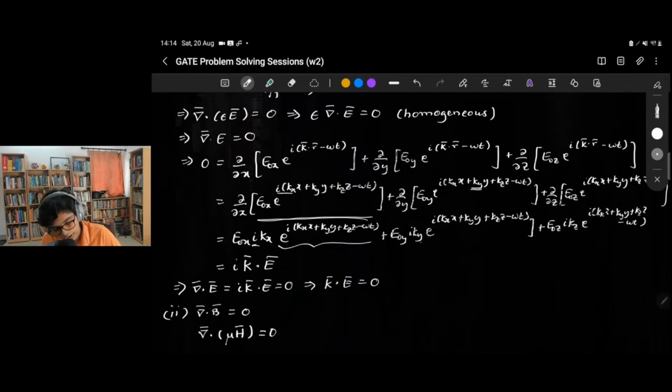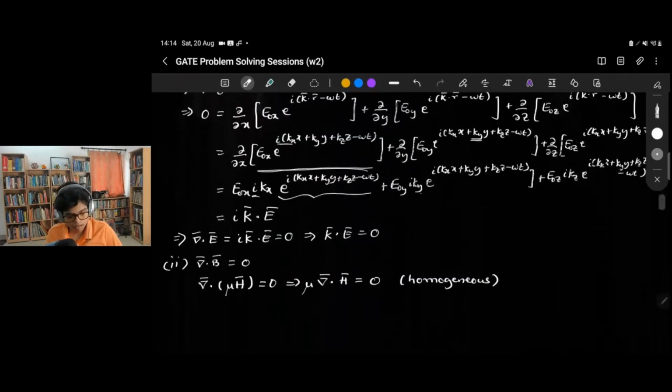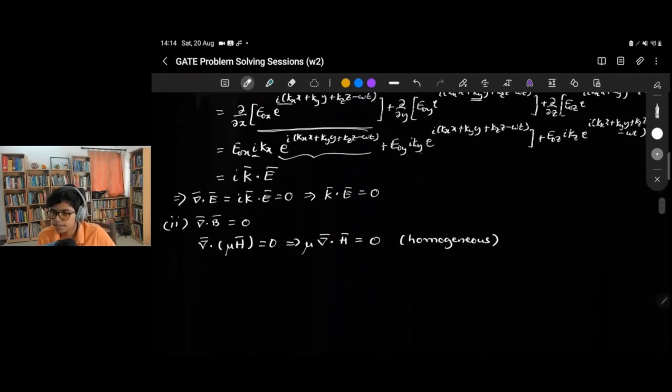And again, we can take mu outside. And why we took it outside? Same reason, this being a homogeneous medium. So this is a homogeneous medium. That's why we can take mu common outside.